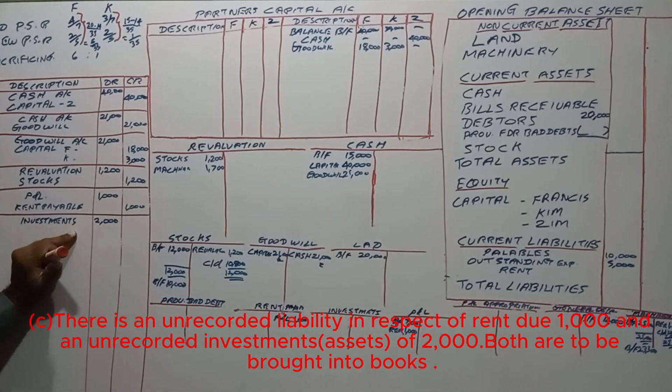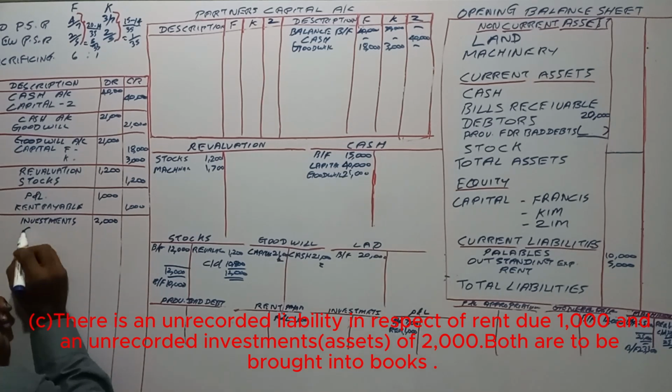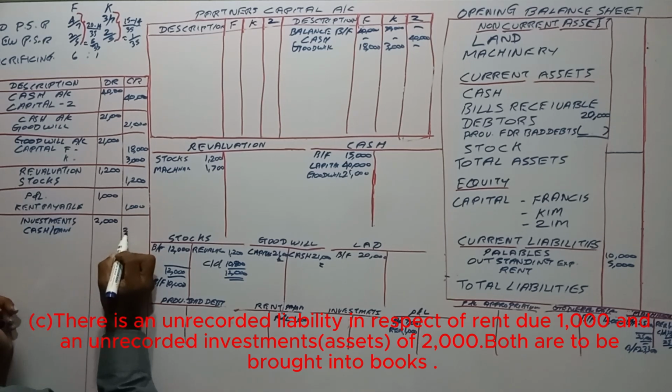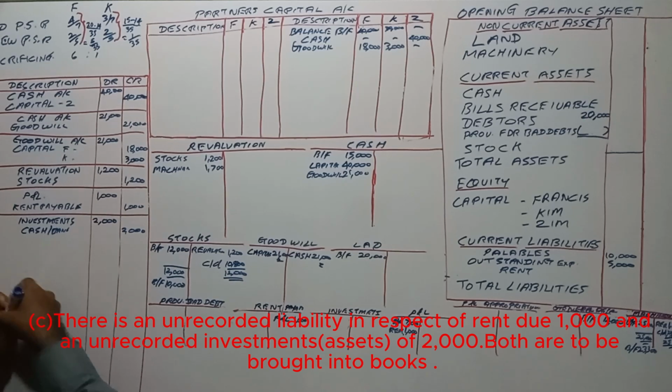And whether we have to charge it to the cash, it is better to charge it. It is not the investment, not the loss, right? Cash account, cash or bank account, 2000, right?